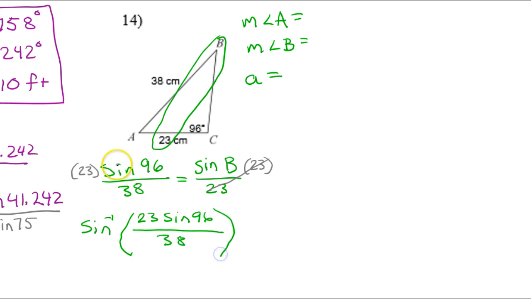The inverse sine of all of this will give me the measure of angle B. So I'm just going to put all of this in my calculator off camera. All right, so rounded to the nearest thousandth, I have 37.010 degrees. So that's the measure of angle B.